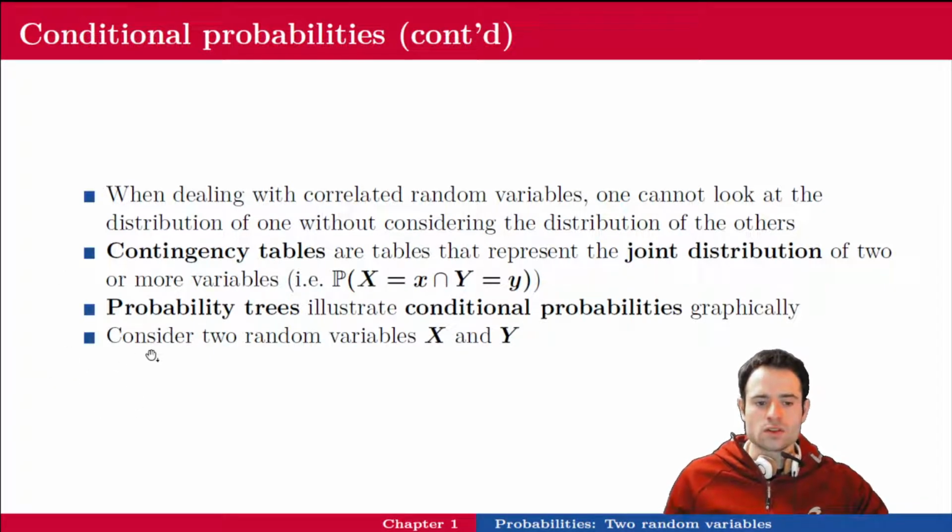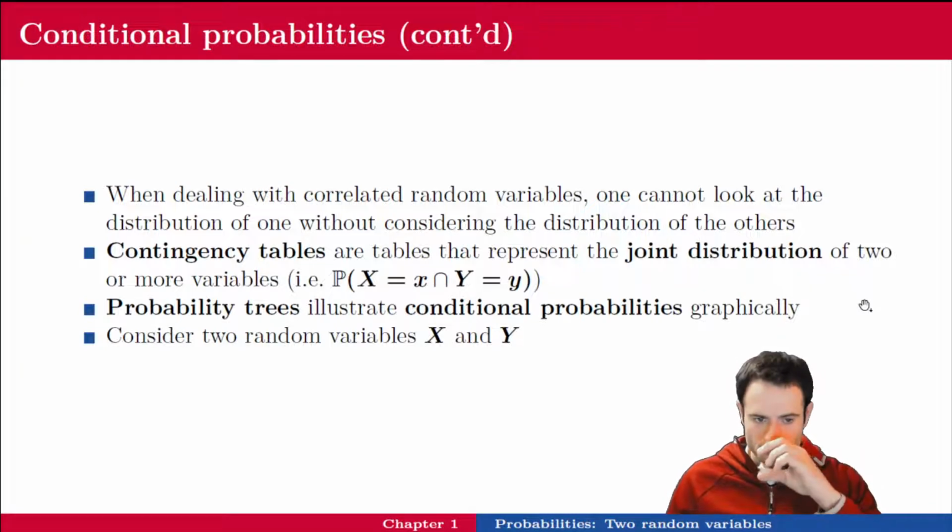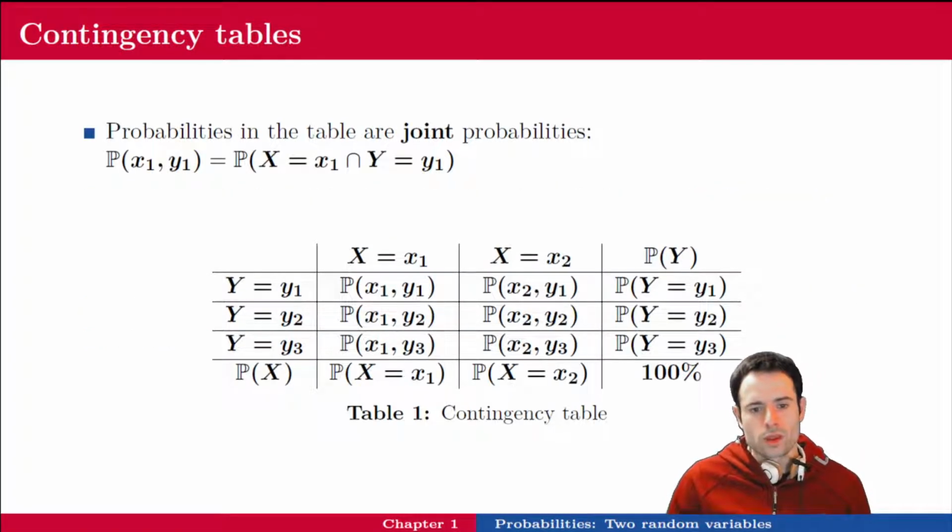So let's consider two random variables. The contingency table here represents the joint probabilities. In order to avoid putting this intersection sign the whole time, I'm going to use a shorthand and write small x1, comma, small y1.